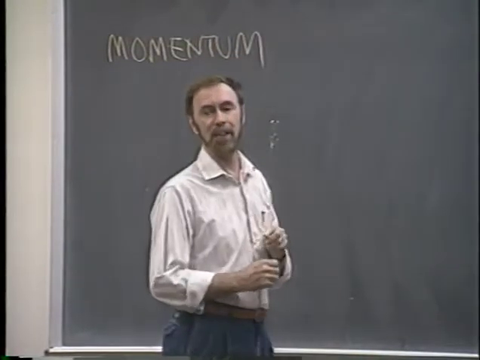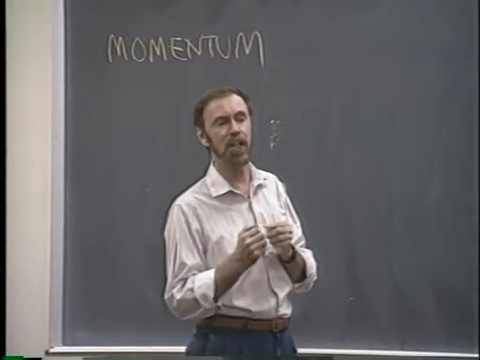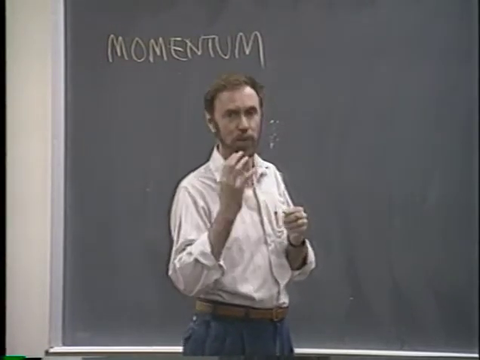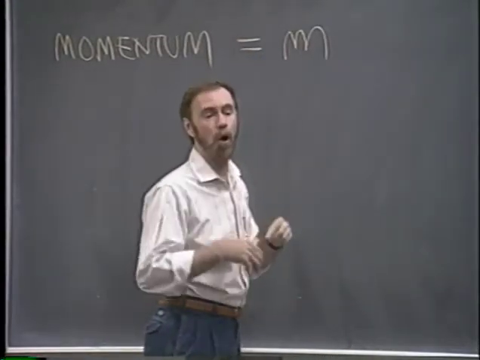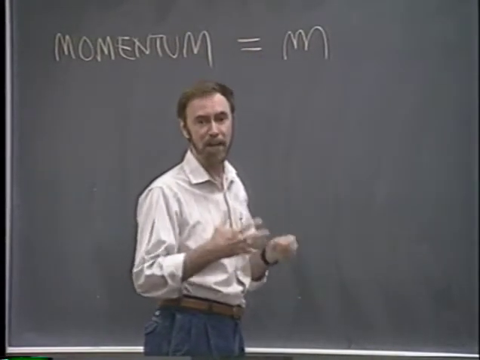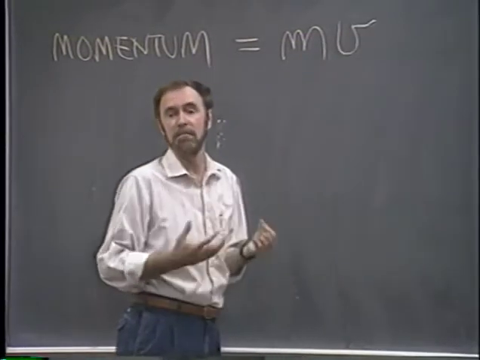Momentum is not just mass, not just inertia, but inertia in motion. So we define momentum to be the inertia of something, its mass, multiplied by how fast it's moving, its velocity. So momentum is mv.